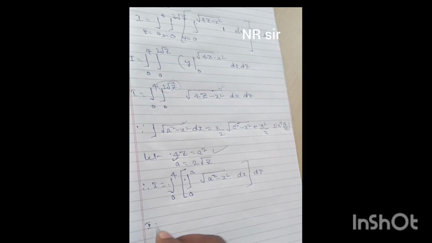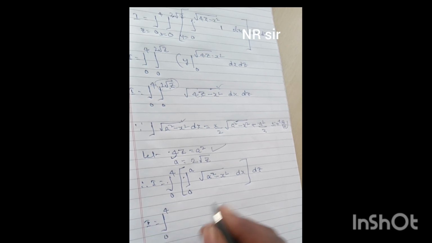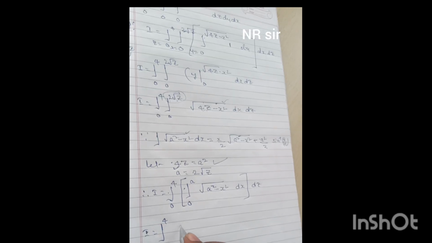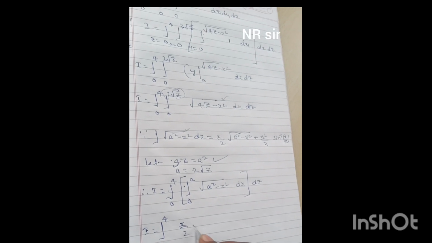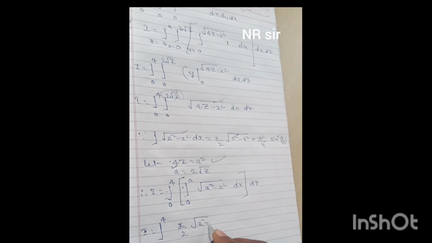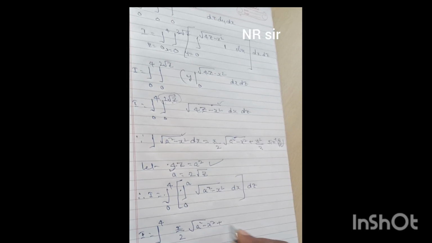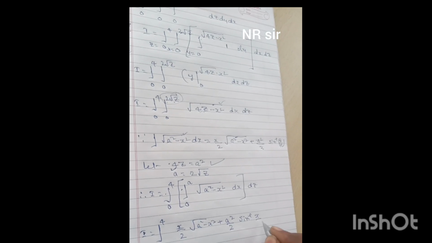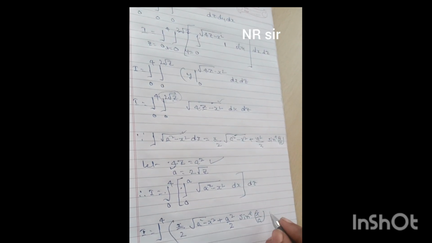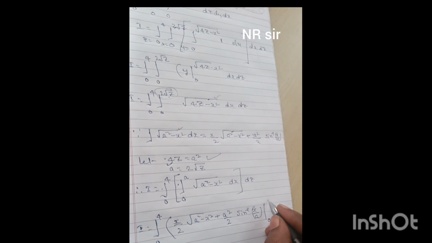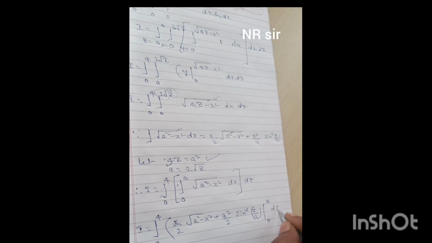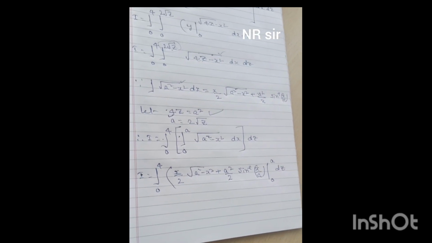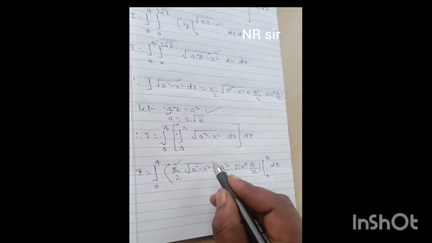Now if you do the integration, we can apply the upper limit minus lower limit. So I is equal to the first integral written as it is, and for the second integral we can use the formula directly: x by 2 square root of a square minus x square plus a square divided by 2 sin inverse x by a. For this entire expression we have to apply the upper limit minus lower limit, wherever x is there.